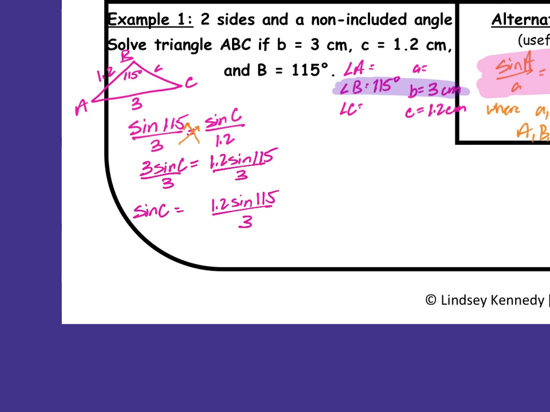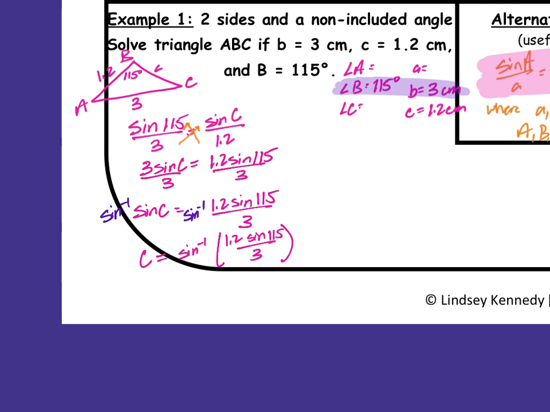Sine inverse. Yes, Alexis, very good. I'm going to do sine inverse. And if I take the inverse of one side, I have to do it to the other side. So that means C is going to equal sine inverse of 1.2 sine of 115 divided by 3.